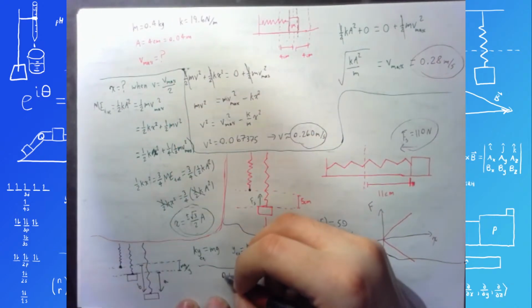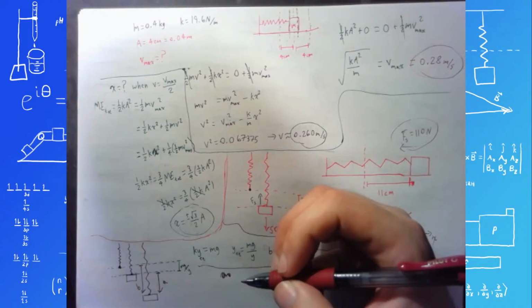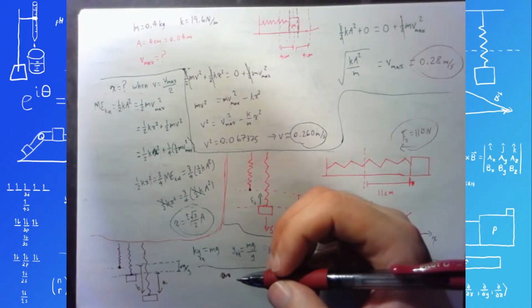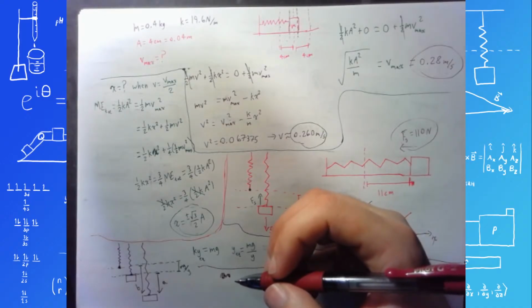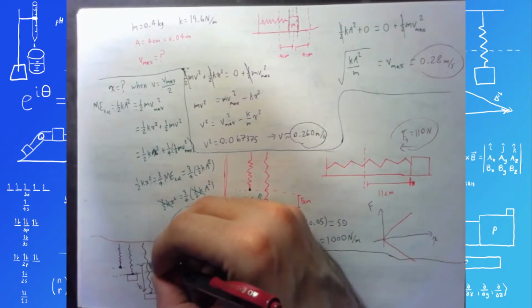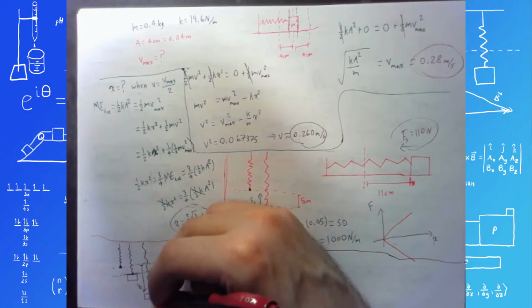Let's think here. So what am I trying to do here? There's some unknown kinetic energy when you're up here. This thing is going to go down over here.